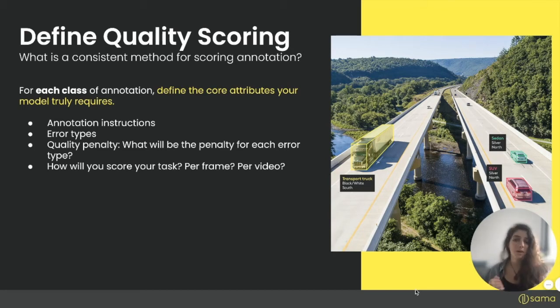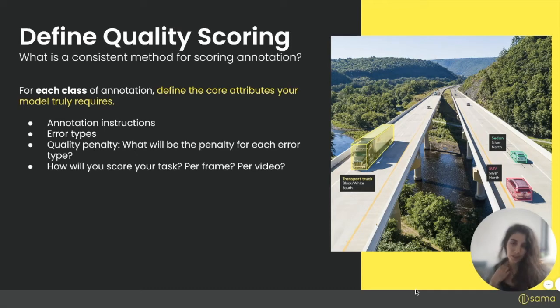That's where we talk about quality penalty. What is the penalty that you want to give for each of those errors? Depending on that penalty, you're going to be making sure that the quality is attained as the requirements that you have for your model, and that all the levels of quality are actually well defined as well.